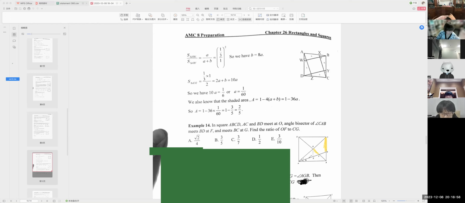Okay, these two angles are the same. So find the ratio.